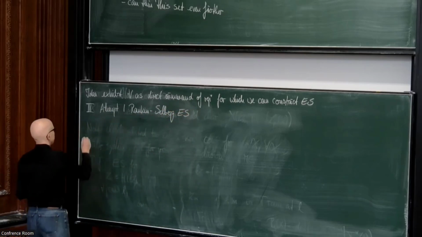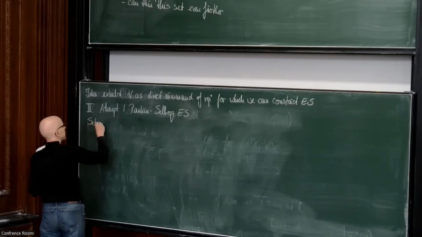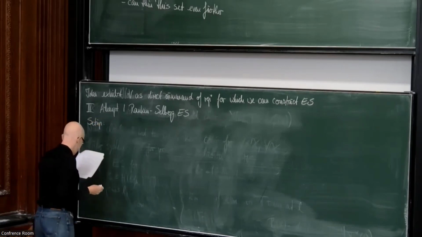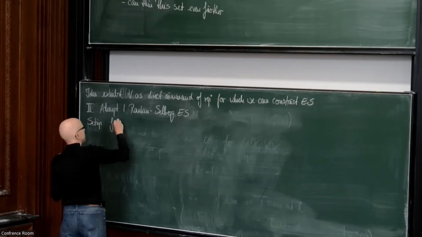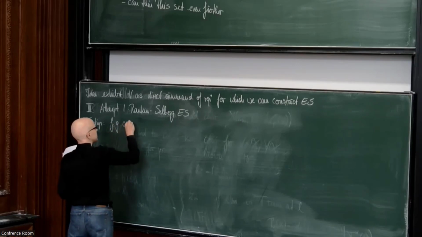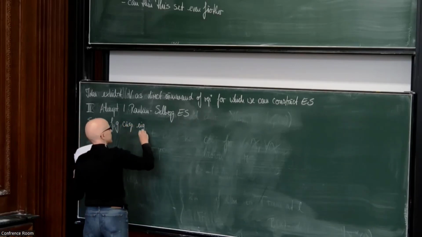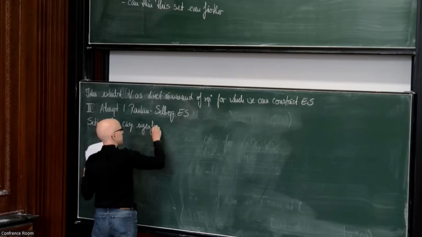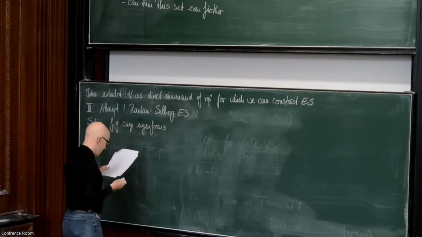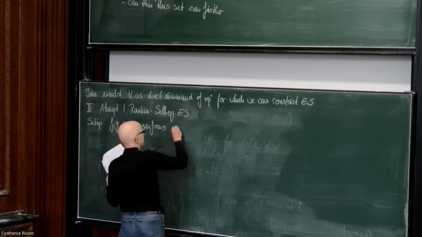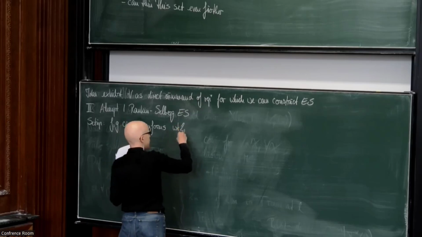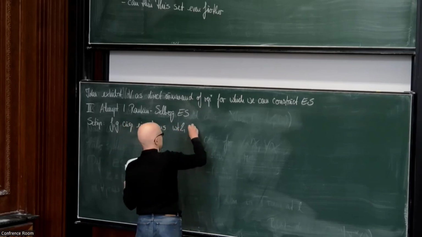Okay, so the setup is as follows. We let F and G be cuspidal eigenforms. For our purposes, it is sufficient to restrict to weight 2 and trivial character.